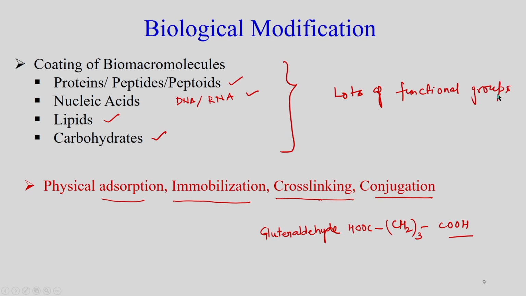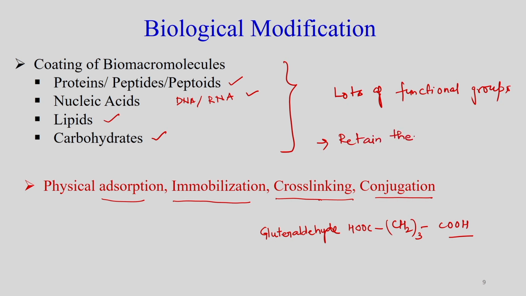Which facilitates or enables their attachment or modification on the surface, but again there is a challenge when we modify them or when we apply them on the surface, it is important to retain their activity.